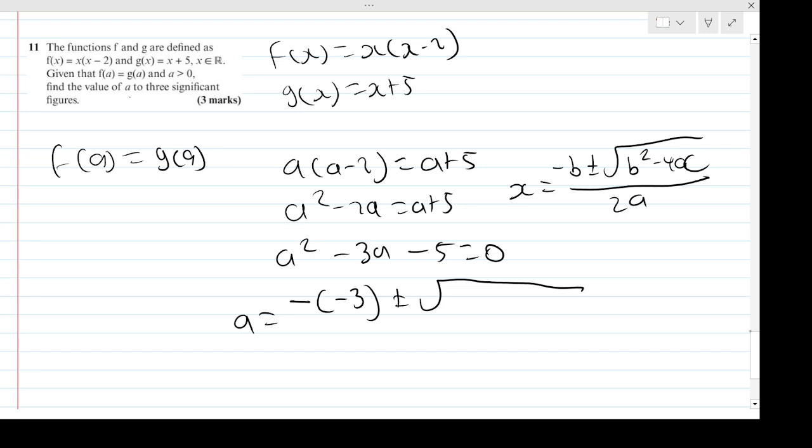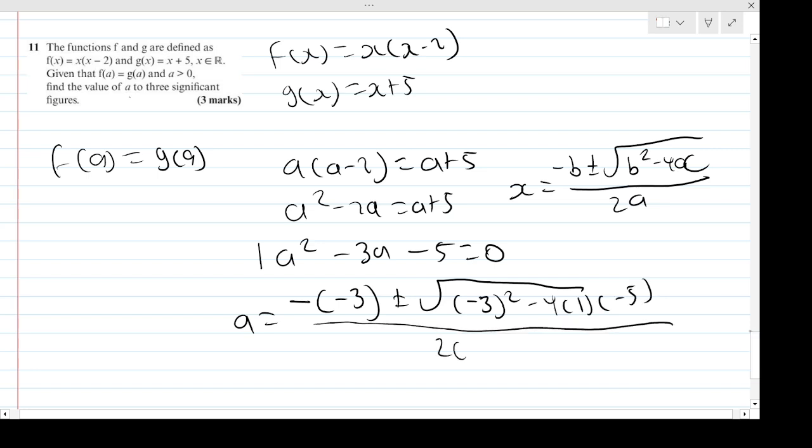So here, the coefficient of the a squared is 1, the coefficient of the a is minus 3, and the number at the end is minus 5. So we get minus lots of minus 3, plus or minus the square root of minus 3 all squared, minus 4 lots of 1 of minus 5, over 2 lots of 1.